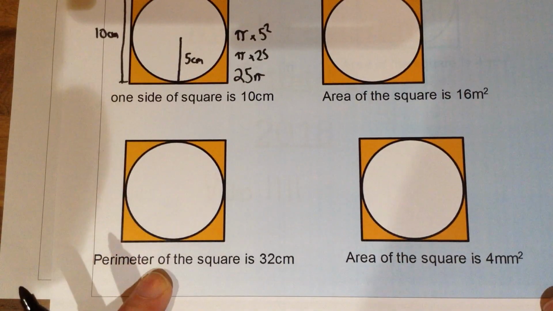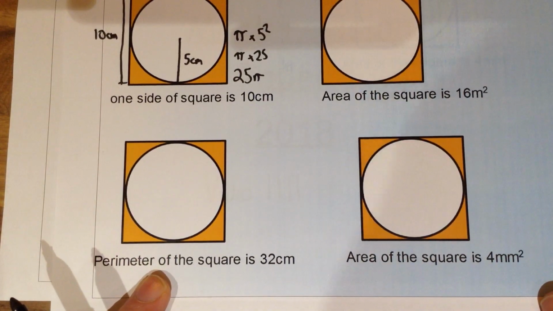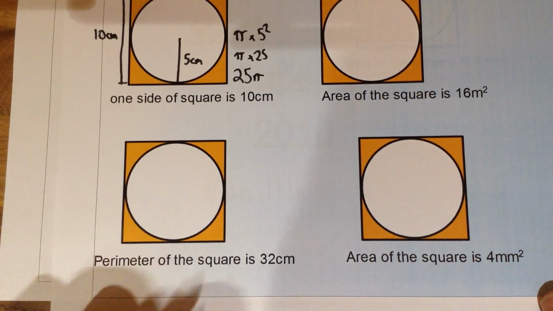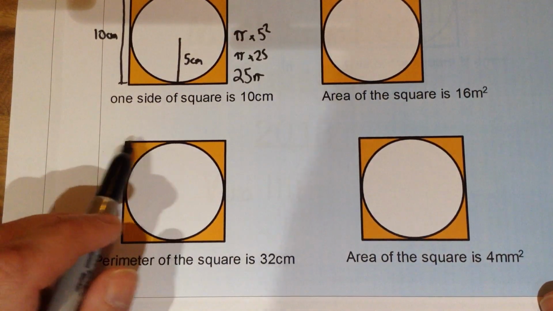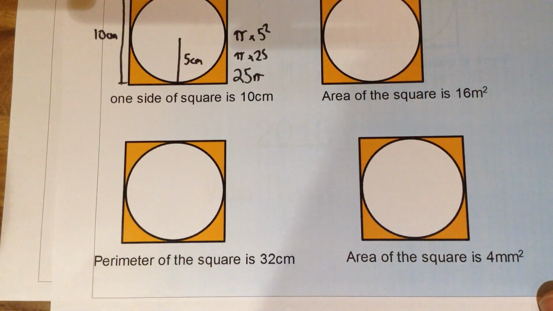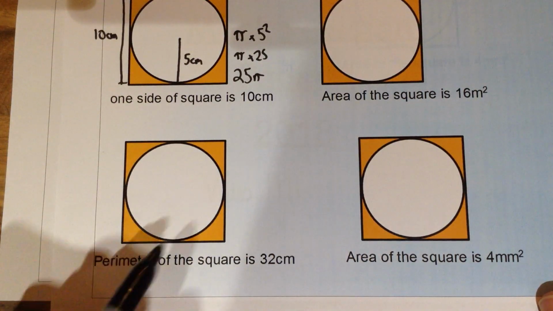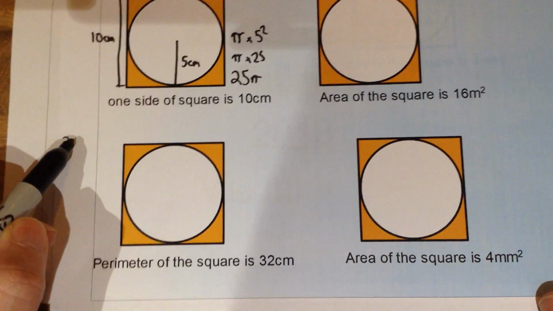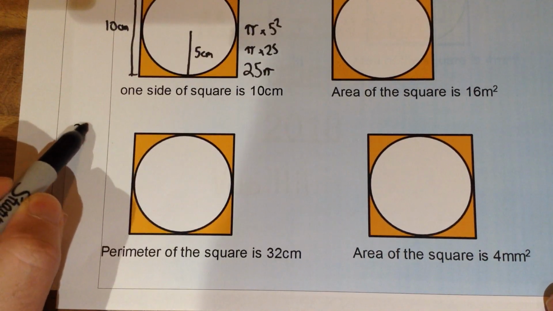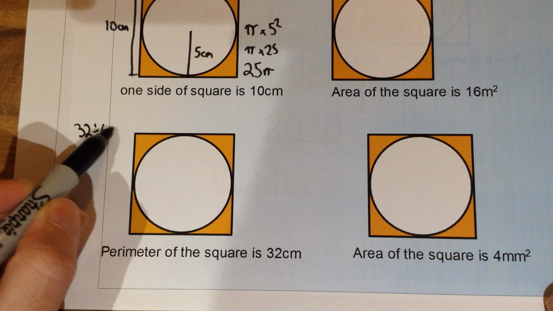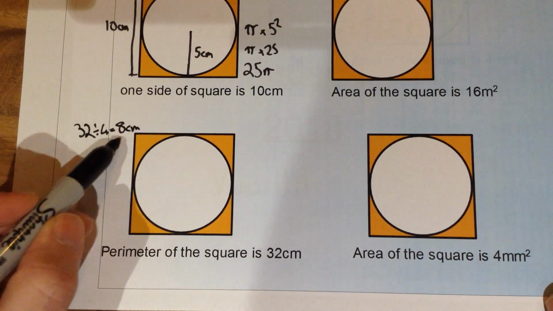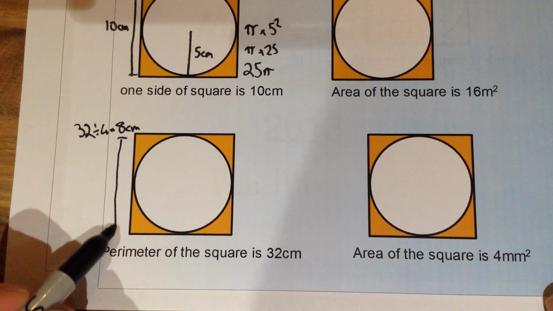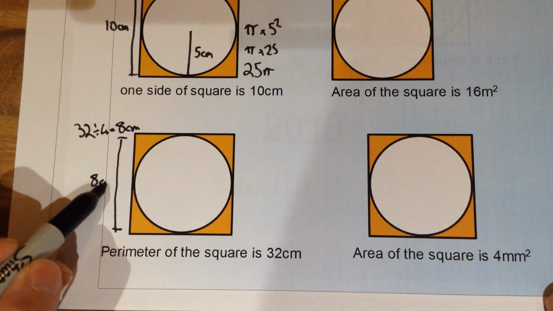For the second question, it says that the perimeter of the square is 32. Well, the perimeter is the distance all the way around the edge of the square, so if that's 32, each side is the same length, so we would have to do 32 divided by 4 to give us 8 centimetres, so that means each side is 8.